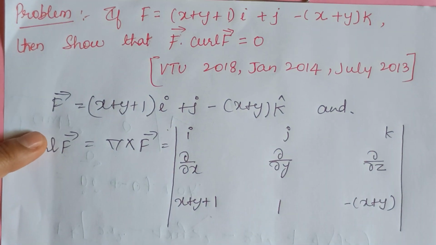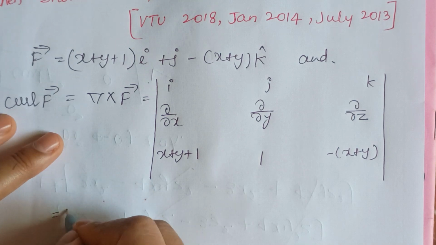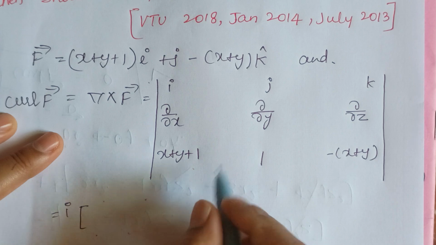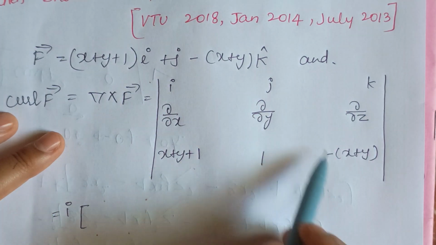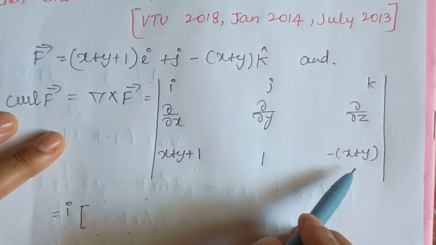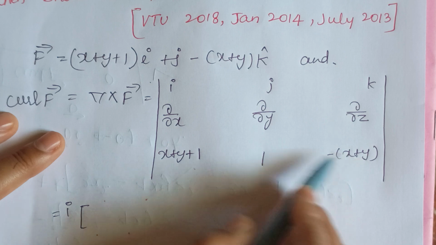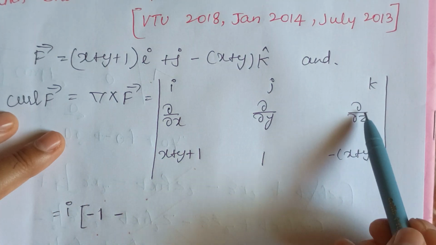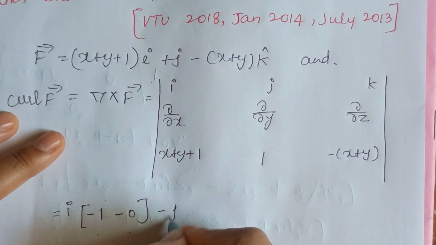If I find the determinant of this, just leave this column, leave this row. Here we differentiate partially with respect to y. So this is going to be 0, this is going to be 1, so this is going to be minus 1, minus, then partially differentiating with respect to z, 0, minus j.